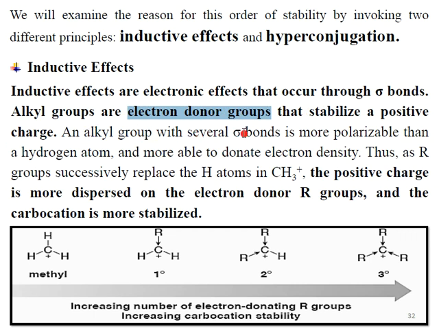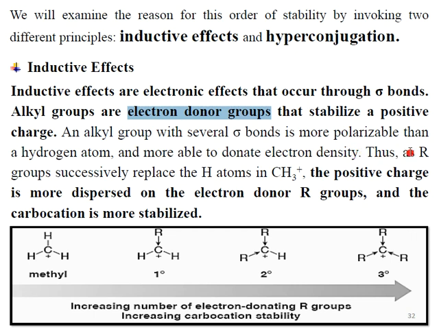An alkyl group with similar sigma bonds is more polarizable than the hydrogen atom and more able to donate electron density.